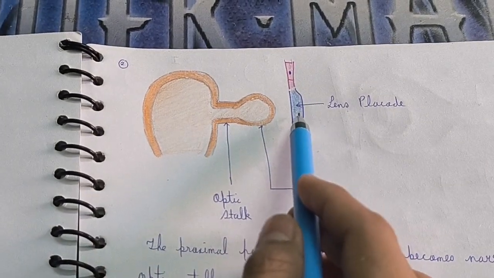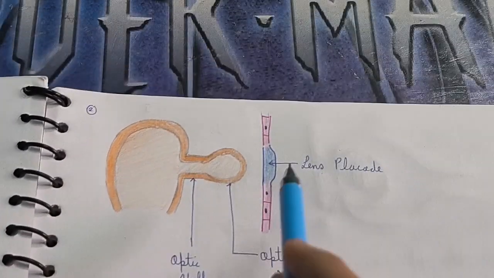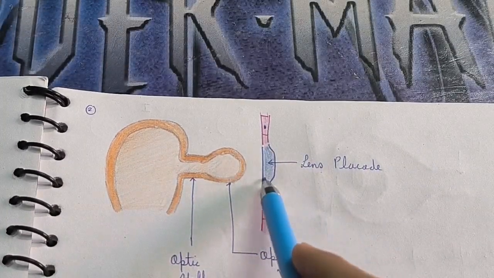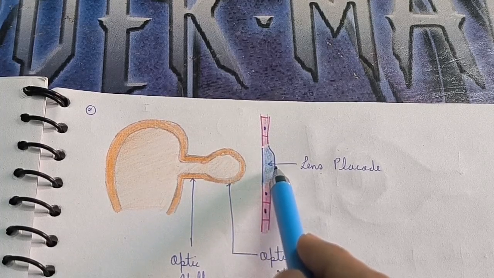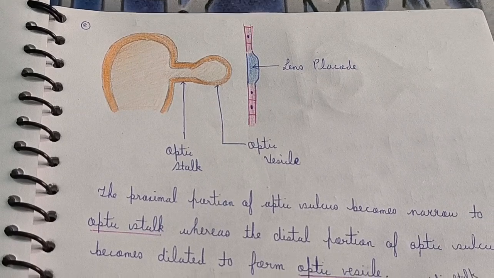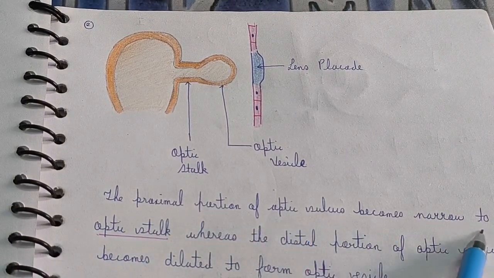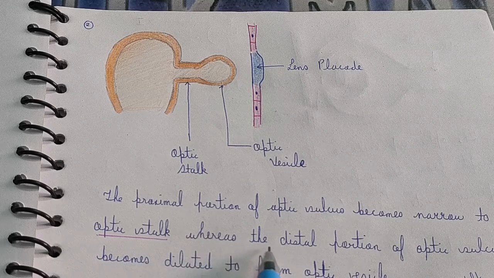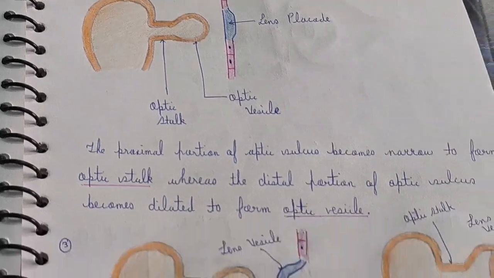And this is the surface ectoderm; the portion of surface ectoderm above the optic vesicle becomes thickened to form the lens placode. So I have written that the proximal portion of the optic sulcus becomes narrow to form the optic stalk, whereas the distal portion of the optic sulcus becomes dilated to form the optic vesicle.